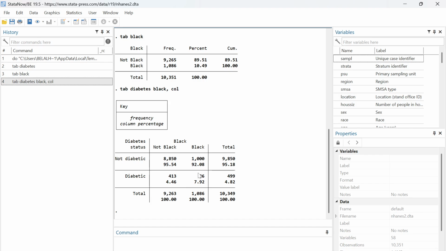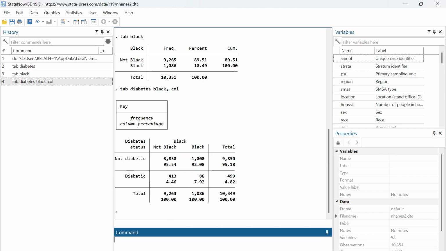So you can see that black has higher levels of diabetes compared to the non-black. Therefore we can expect some kind of relationship and dependency between these two variables.